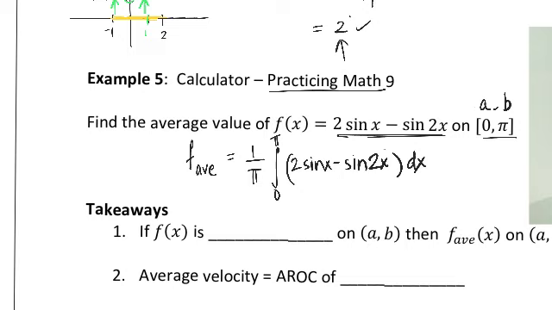Okay, so this answer came out to be 4 over pi. That would be for a no cal. You know, if you were doing that as a multiple choice or something, you might see that answer. Or if you didn't have a calculator, you would write it like that. With our calculator, our answer will be written to 4 decimal places as 1.2732. Okay, so let's pause the video and do the takeaways, please.